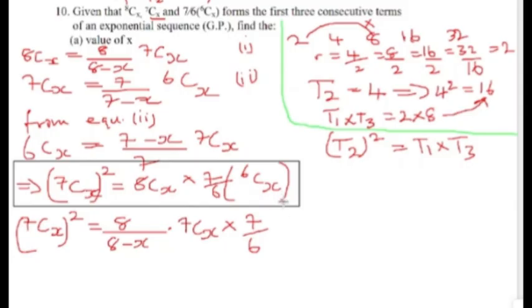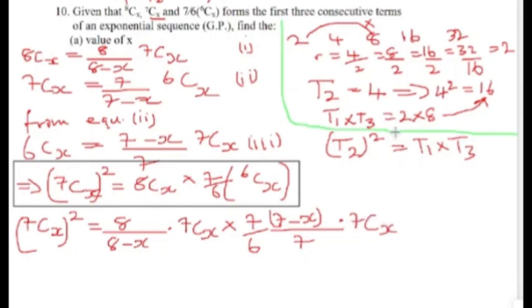Now, what is 6 combination x? 6 combination x from equation 3 is basically 7 minus x, let's put it in brackets, neatly expressed, over 7. Then we'll have times 7 combination x.